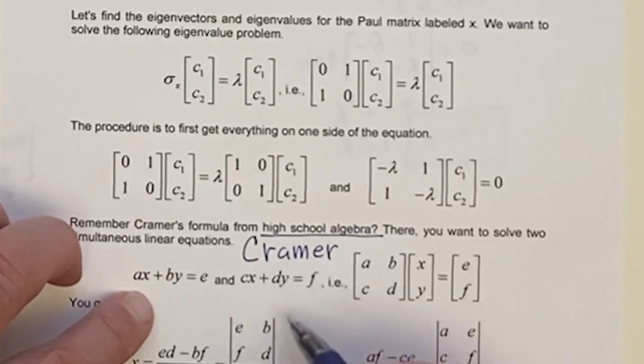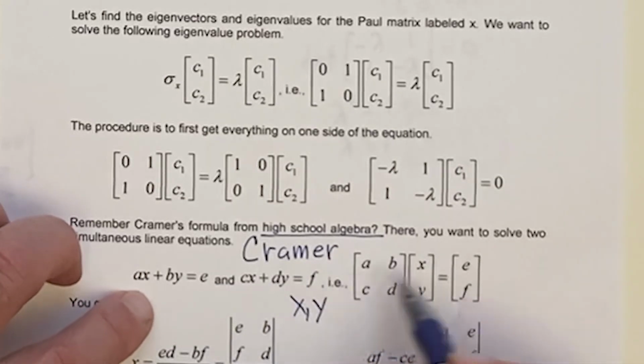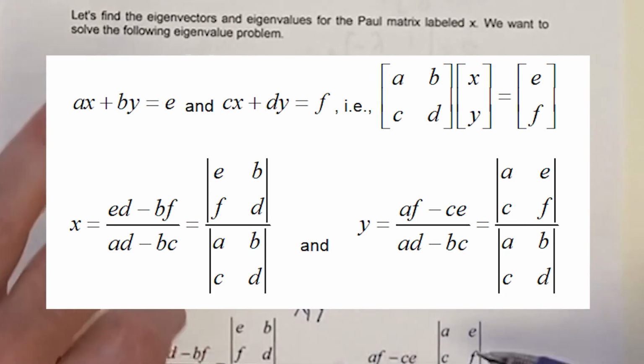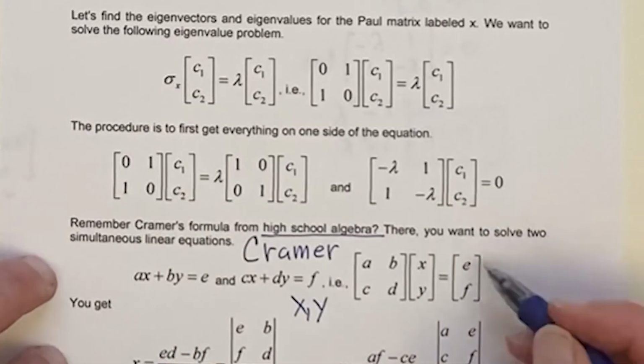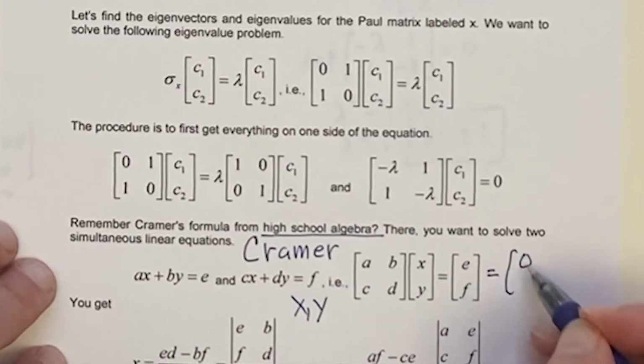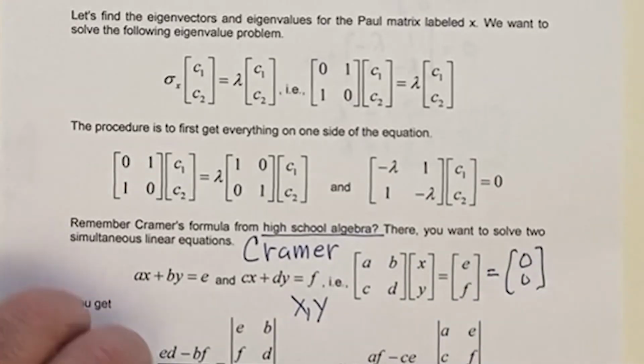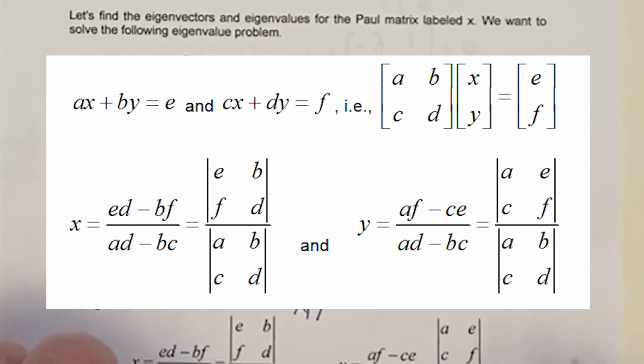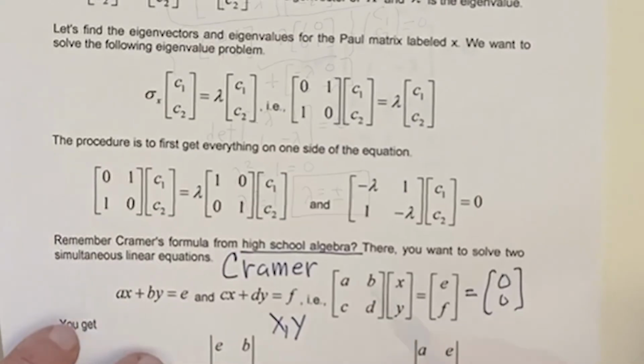They're your two equations. The unknowns are x and y. And when you solve it, you can write the solution as a ratio of determinants. But then if this happens to be zeros over here, then you need to have the determinant below to be zero, so you have an indeterminate form to get yourself a solution.